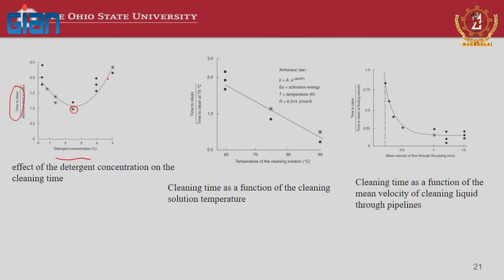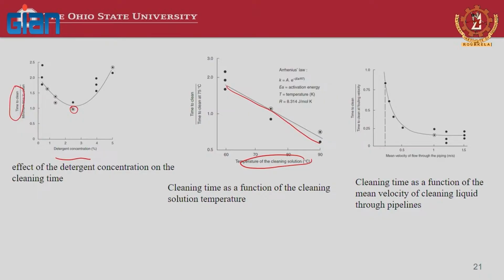So, you have to look at the optimum concentration for a particular detergent. In the same way, when you look at the temperature of the cleaning solution, generally the time to clean decreases with increase in temperature. And of course, you have to make sure that the components of the equipment can tolerate the temperature. So, you have to keep that in mind.